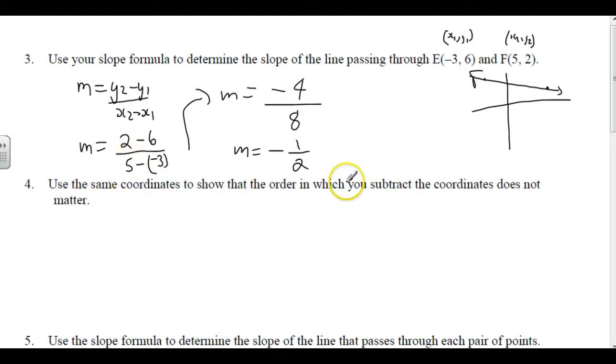Use the same coordinates to show the order in which you subtract the coordinates doesn't matter. So in this case now, this becomes x2, y2, and this point becomes x1, y1. And so, where do we start? With the formula.